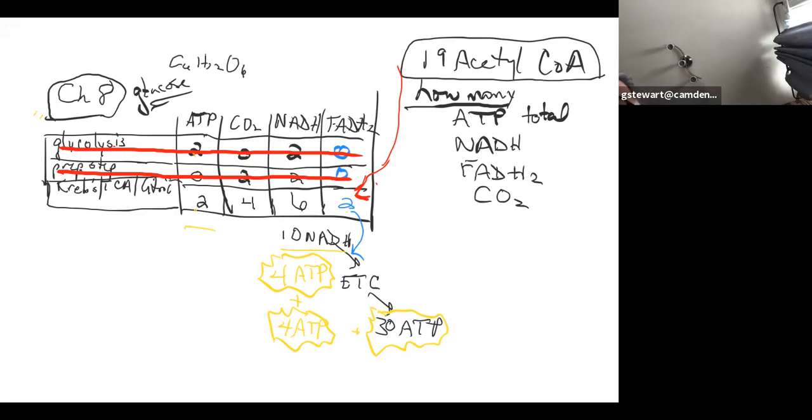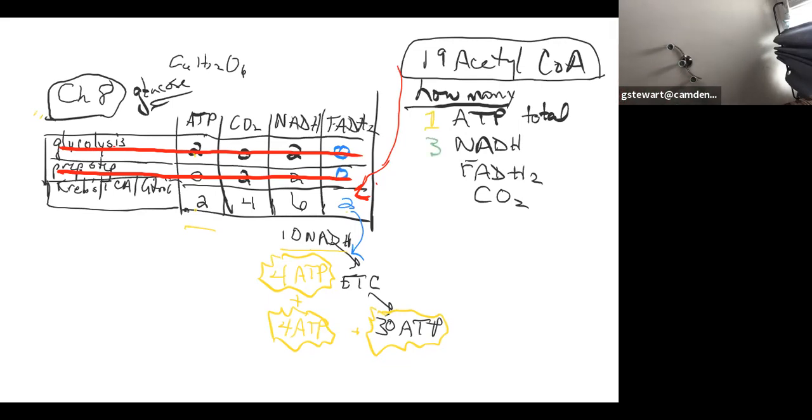And if I do one turn of the Krebs cycle, how many ATP, NADH, FADH2, and CO2 do I produce? Well, we know the chart is 2 turns because it's based on glucose. So we can very easily say, okay, we would make 1 ATP and we would produce 3 NADH for 1 turn of the Krebs cycle.